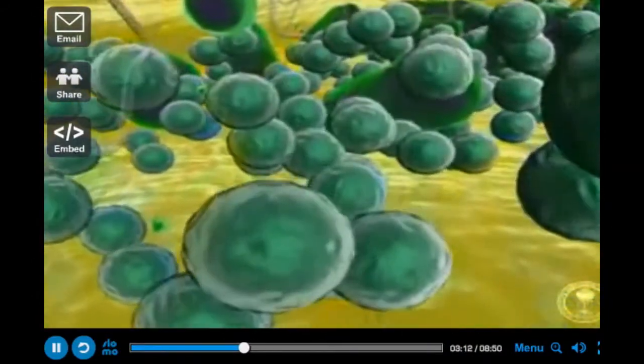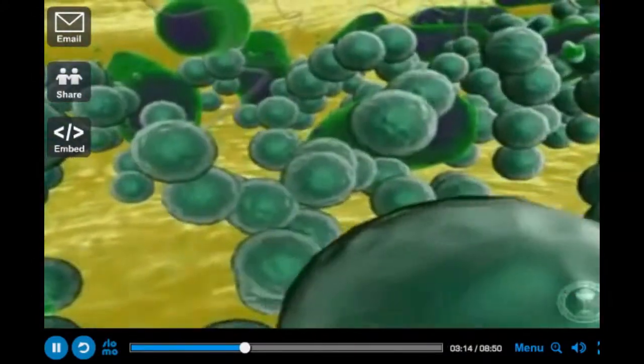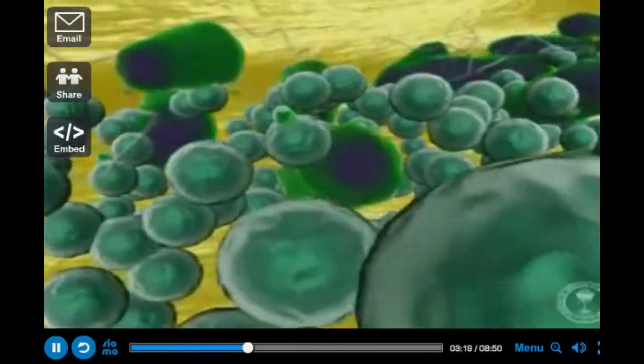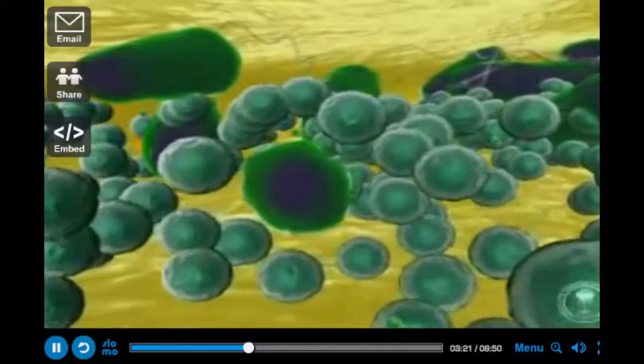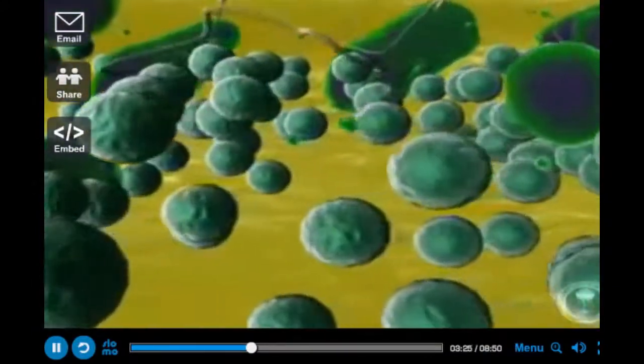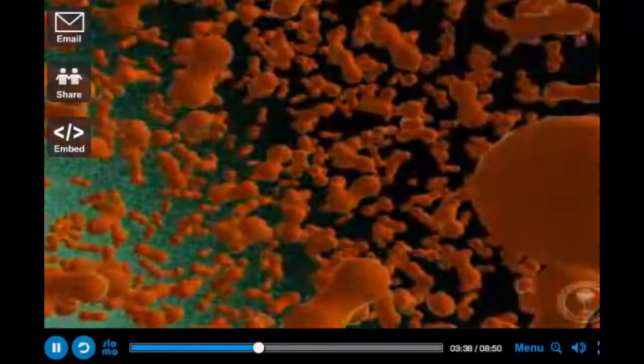The terminal button contains many mitochondria that provide energy and several synaptic vesicles. Each vesicle contains approximately 10,000 acetylcholine molecules, the unique neurotransmitter of the neuromuscular junction.